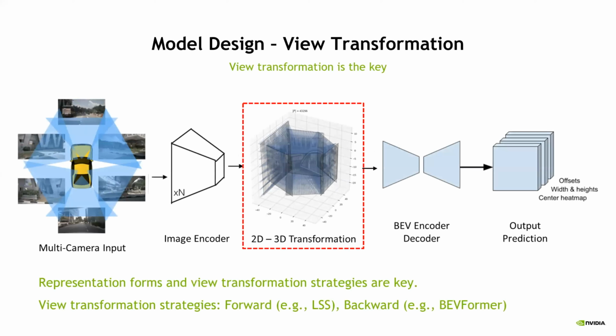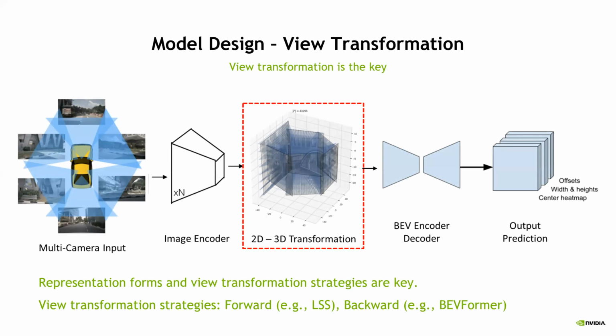So here's the proposed model design. This is a typical architecture of a camera-based BEV perception solution for autonomous vehicles.